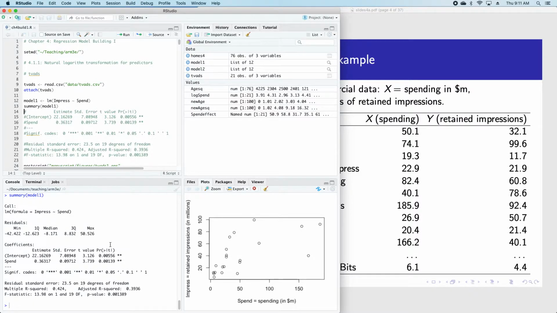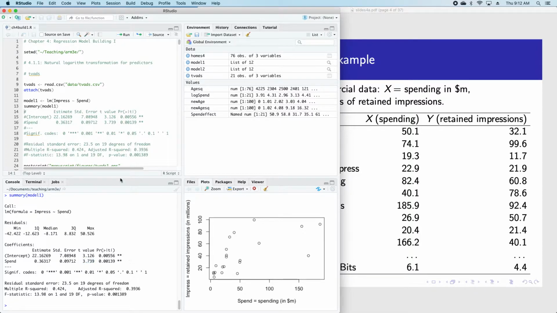So here's model 1, and we can look at those numbers that we were going to use to compare the models. Here's the regression standard error, R calls this the residual standard error, 23.5. Here's the coefficient of determination r squared, 0.424, and then here's the t-statistic for B1 in the model, 3.739.